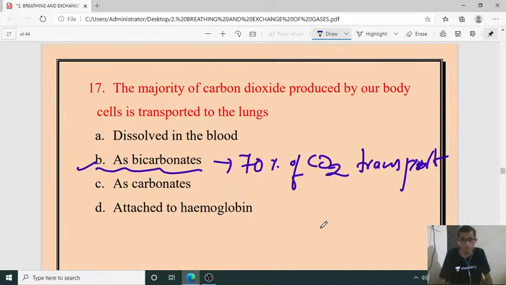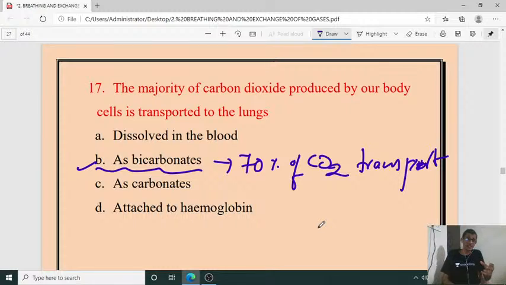It is by the utilization of the water content of our RBC. First of all, carbon dioxide will enter into the RBC, which has water content. Carbon dioxide combines with the water of RBC to form carbonic acid. Carbonic acid dissociates to form H plus and HCO3 minus, the bicarbonate ion.